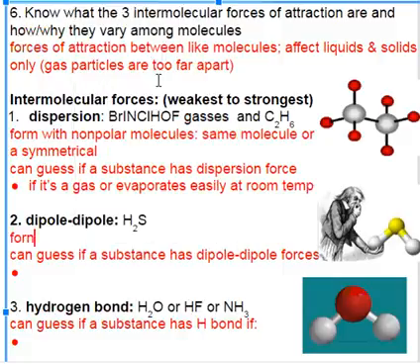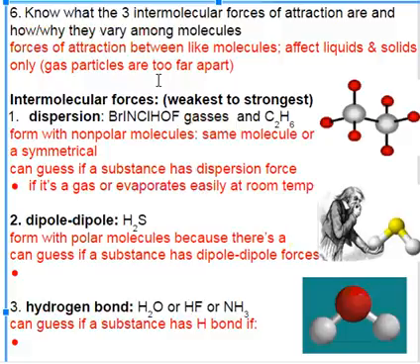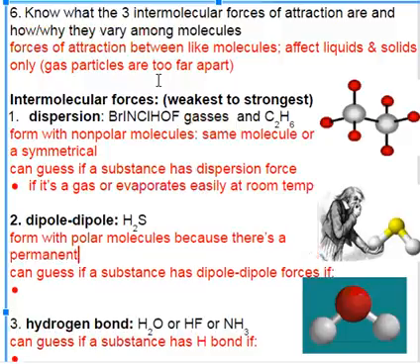So these form with polar molecules, because there's a permanent positive end and negative end. So that's going to make it stronger than just a dispersion force, because there's a permanent positive end and negative end. So what would be your guess that it's probably a dipole-dipole?